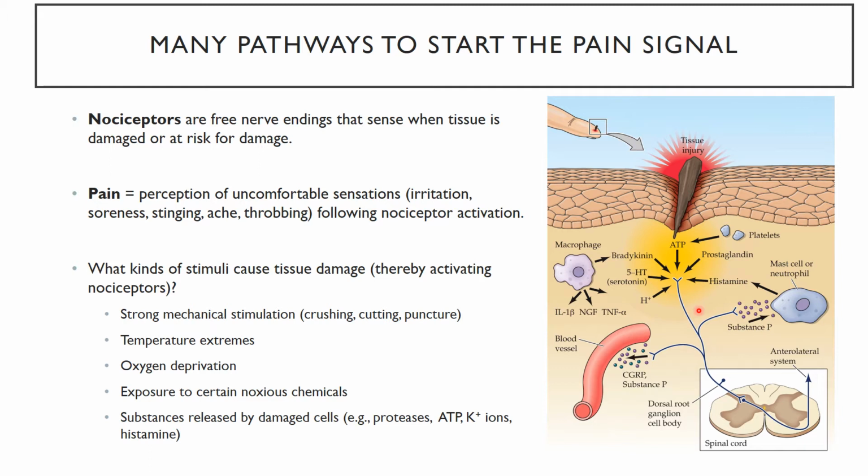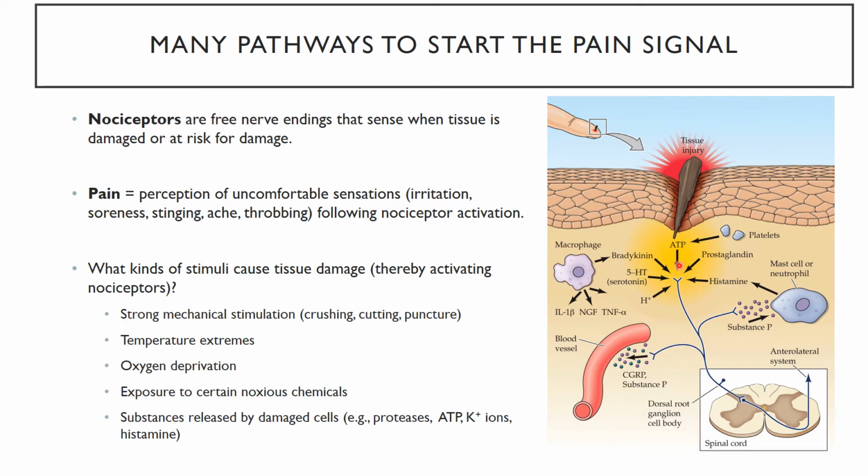But temperature extremes can also have an influence over these cells, so we'll discuss the channels for that as well. Oxygen deprivation can in fact induce pain sensation. Exposure to certain noxious chemicals will induce pain sensation as well. And substances that are released by damaged cells.